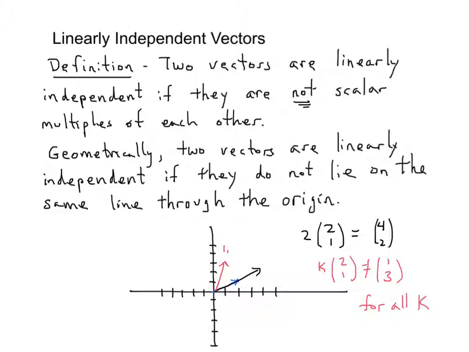So here I am at 1, 3. Here I was at 2, 1. And clearly, those two vectors are not scalar multiples of each other. They do not lie in the same line. Therefore, we say that those two vectors are linearly independent. Okay, that's the first thing.